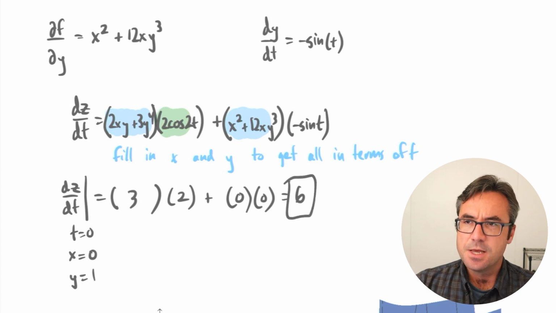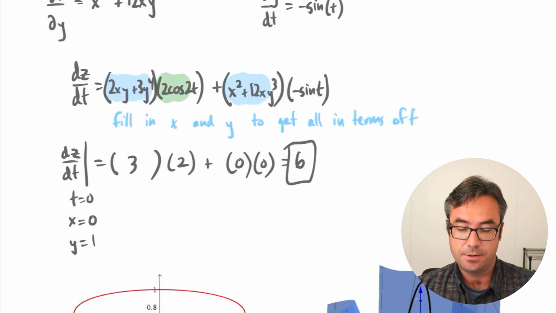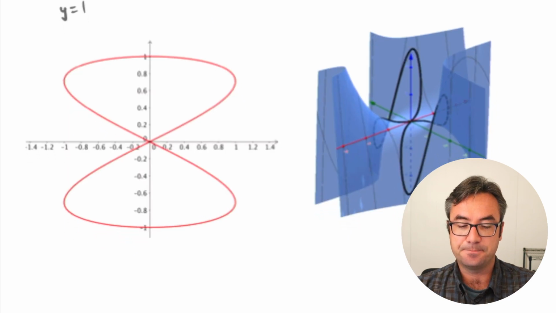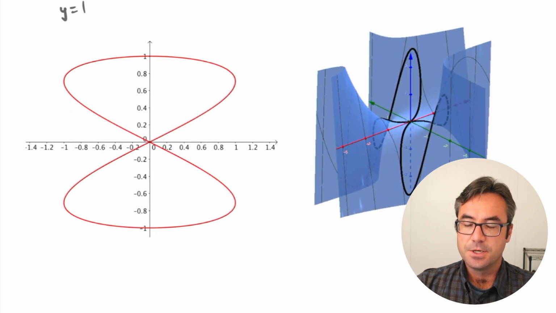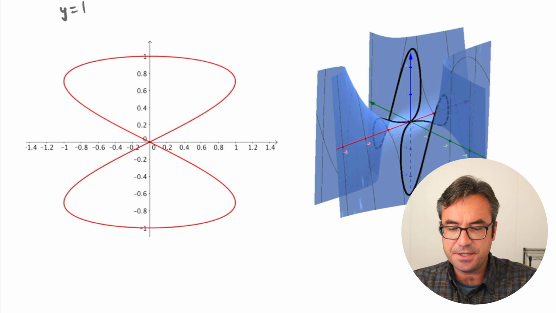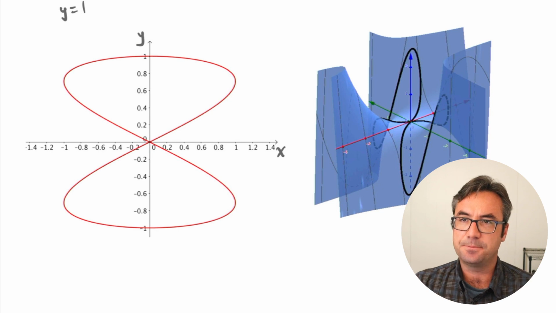All right. So it helps to have a little picture of what's going on in this situation. So here are two plots. In the first plot, we have our x-axis and our y-axis here.